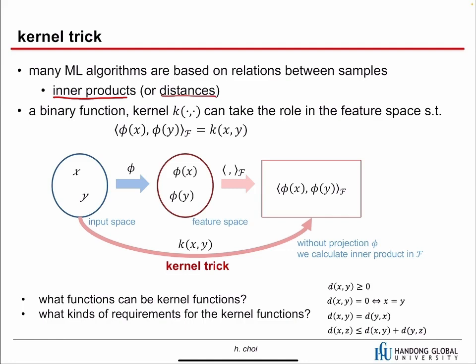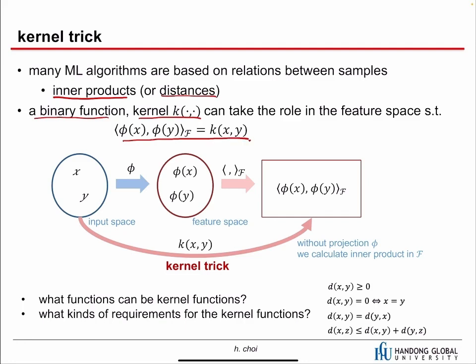If you come up with new machine learning algorithms, then explicitly or implicitly, you define the similarity between the samples. You define the relationship between the data samples. Okay, now we're going to talk about kernel trick. A binary function, kernel k, can take the role in the feature space.